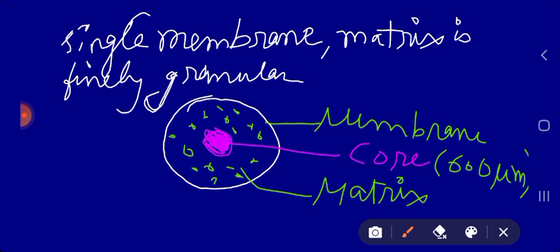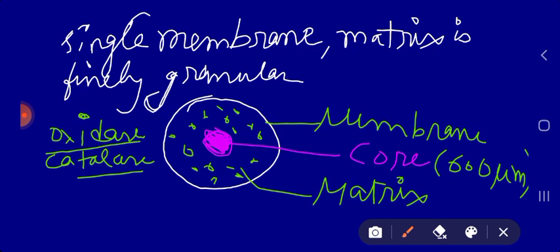So as I have said, these glyoxysomes contain a number of enzymes like oxidase. They contain catalase, and other enzymes are also found that are not found in animal cells.